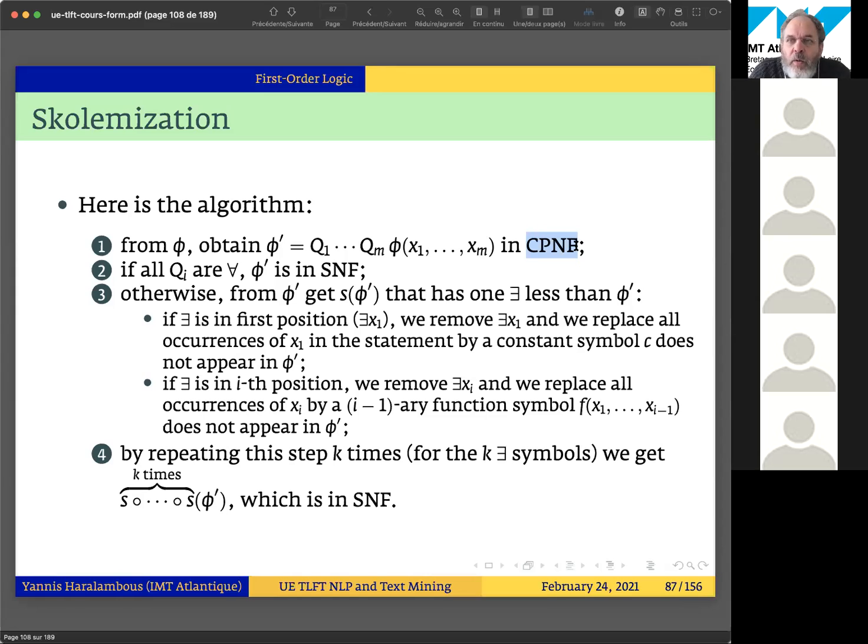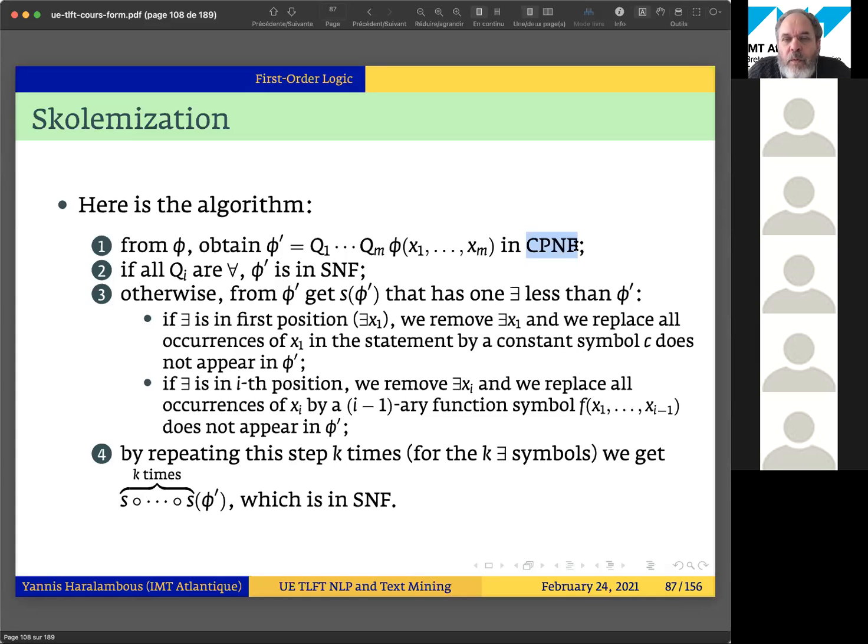And this will be a constant. And I replace my variable by this constant. So I get a formula which is less general. But if the original formula was true, this new formula is true as well.